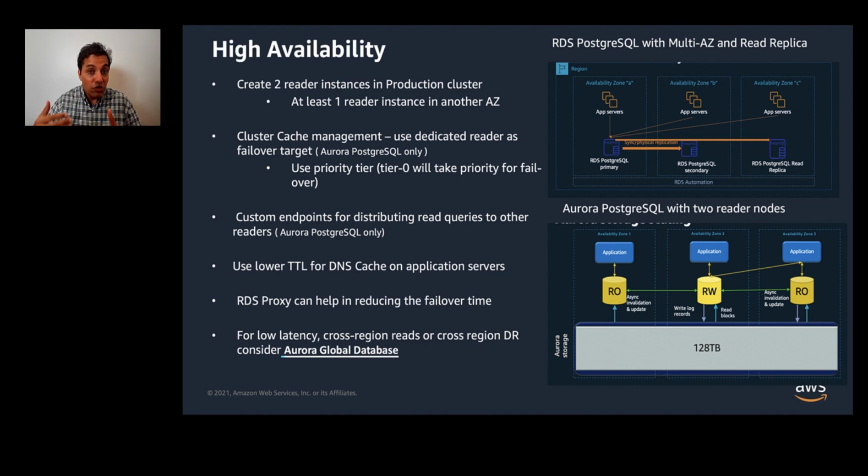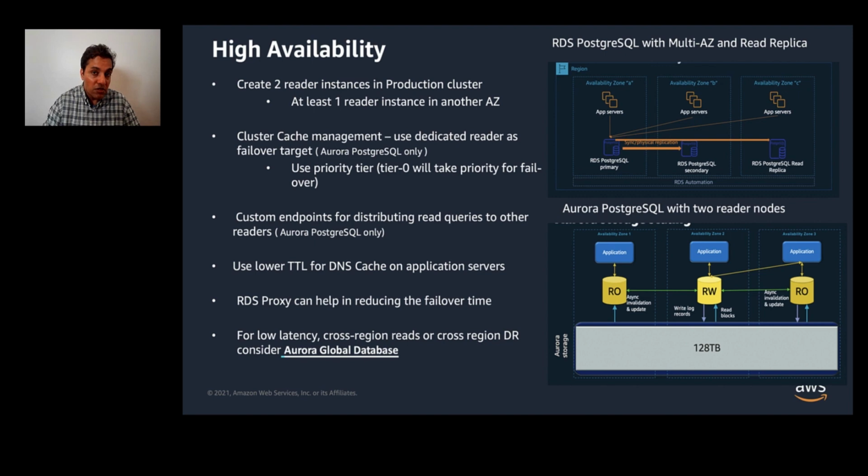You cannot use your secondary for querying. However, behind the scenes, the data will be synchronously replicated, thus giving you very high availability. And to scale your reader nodes, we recommend having an additional read replica where you can forward your read-only queries. So that's specific to RDS Postgres.